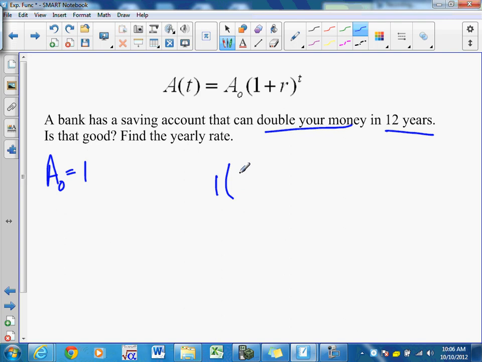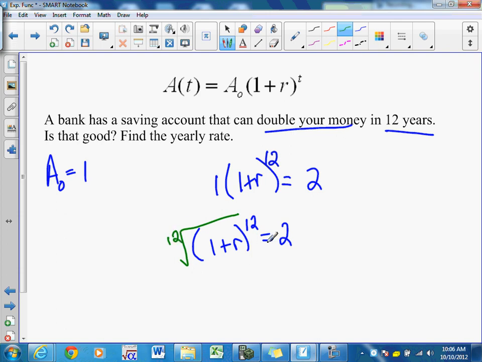So 1 times 1 plus R. This is double your money in 12 years, so that's 12. What's that going to equal? If it doubles my money, if I start with 1, I have to end up with 2. So my equation is 1 plus R to the 12th equals 2. Now I have to solve that.